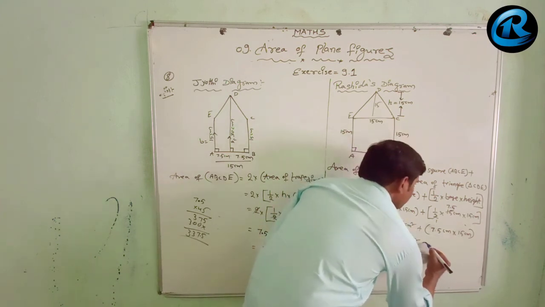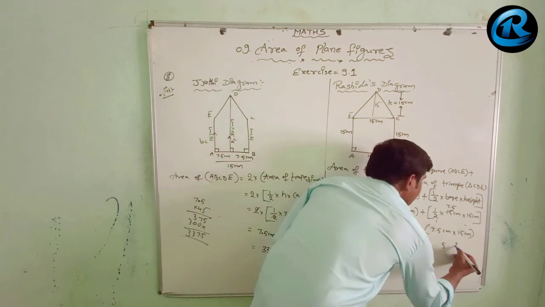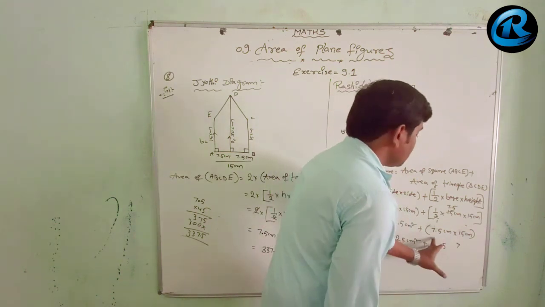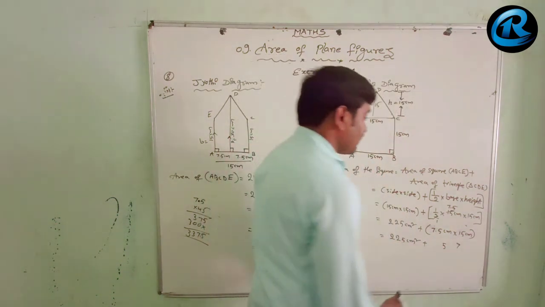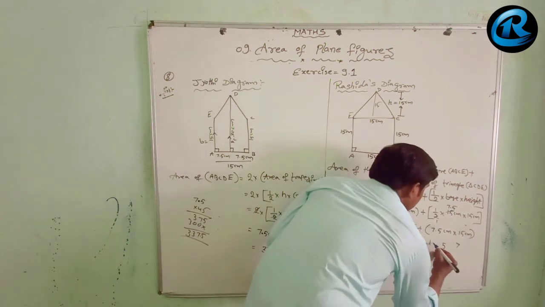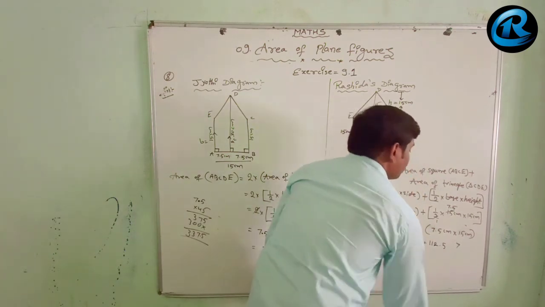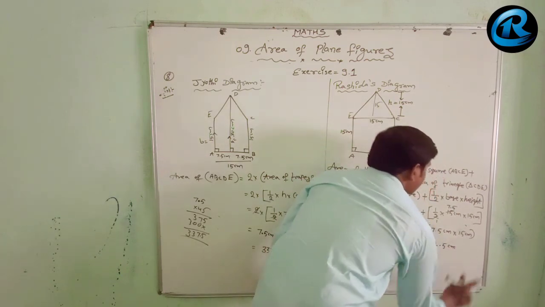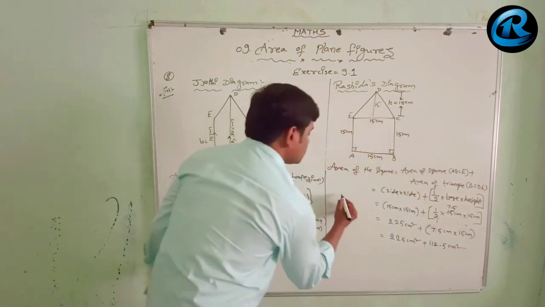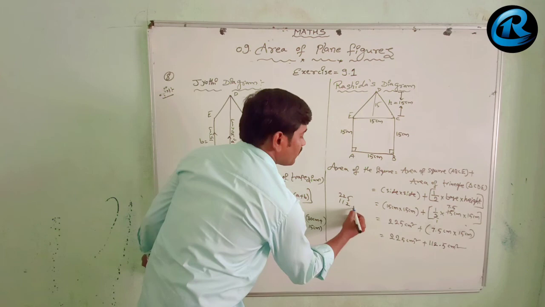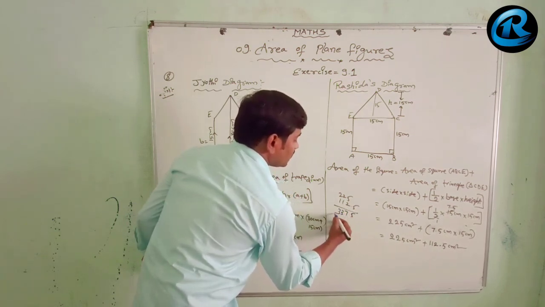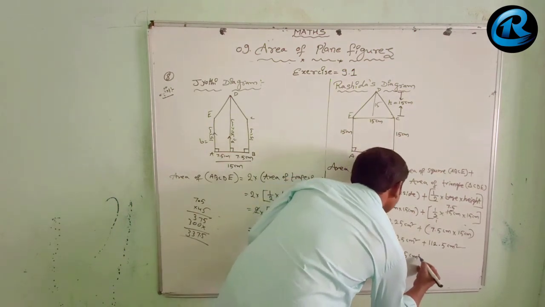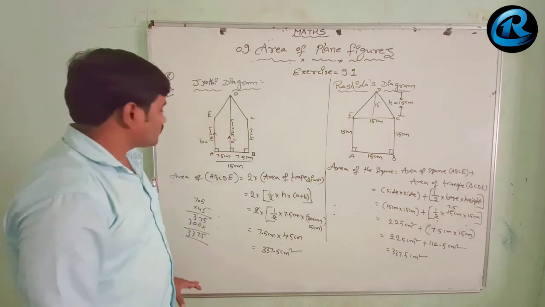This 2 we will multiply now. 5 5s are 25, 5 and 7 carry. 15 sevens are 105, plus this 2, that is 112.5 centimeter square. Then let us add this 225 plus 112.5. That is 337.5 centimeter square. So now what you observe?